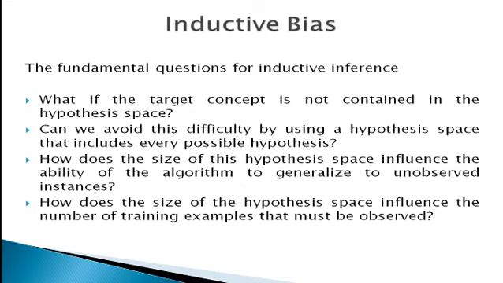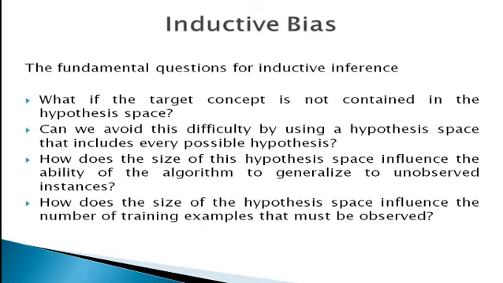Here, what if the target concept is not contained in the hypothesis space? This question may arise here. Can we avoid this difficulty by using a hypothesis space which includes every possible hypothesis? These are some questions which may arise normally.